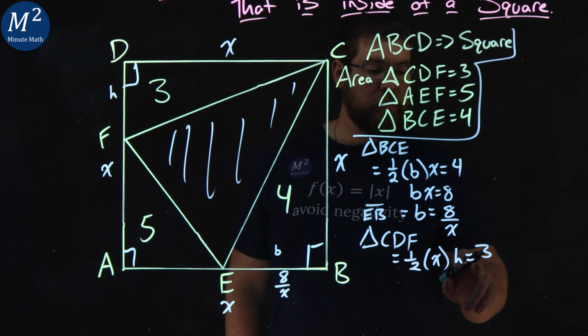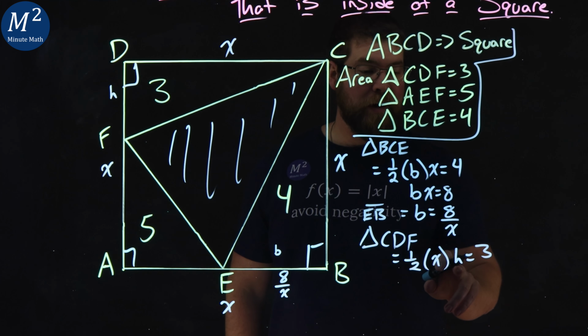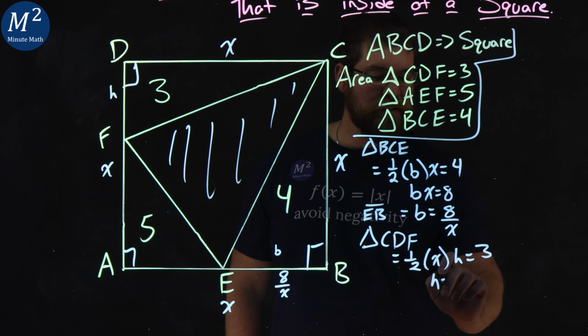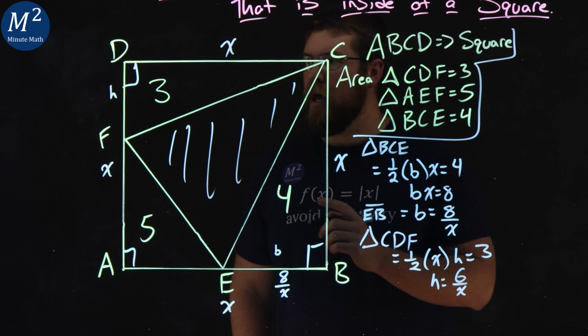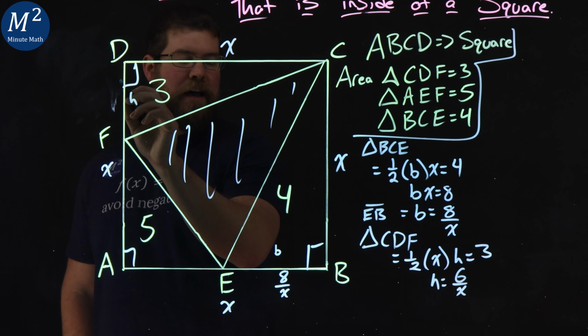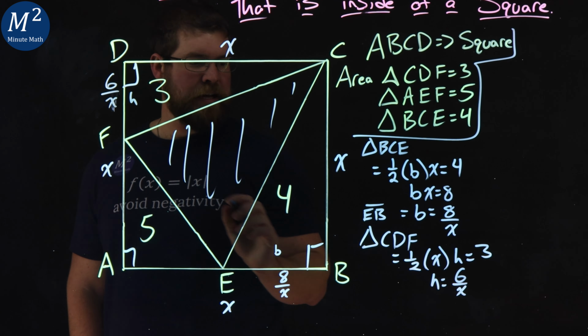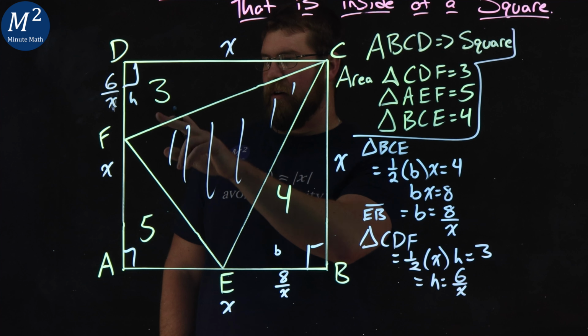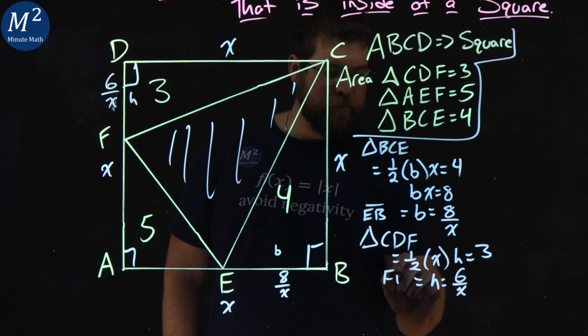Multiply both sides by 2, 3 times 2 is 6, divided by x, and h is equal to 6 over x. So I'll put 6 over x on the inside here, that length, which is the length of FD.